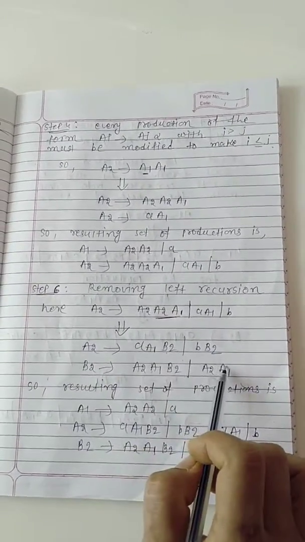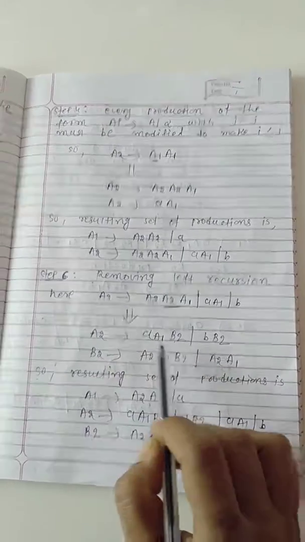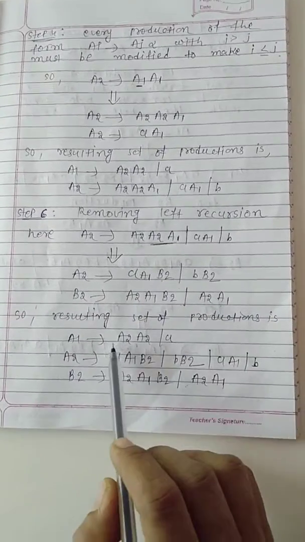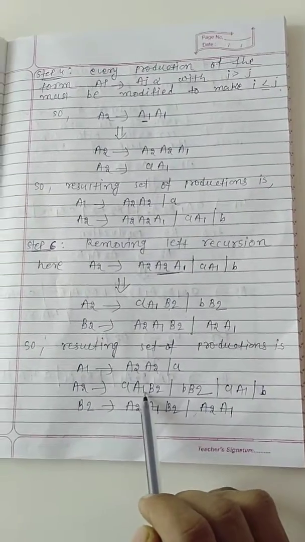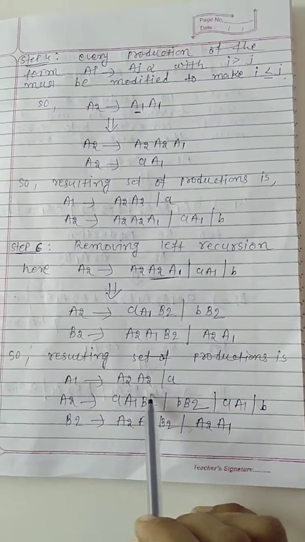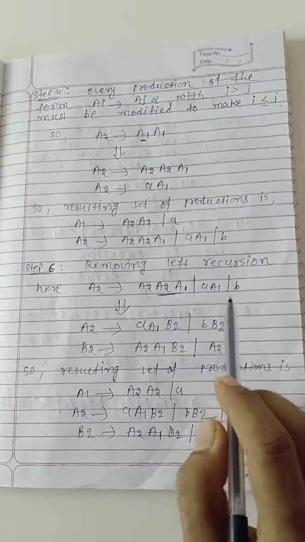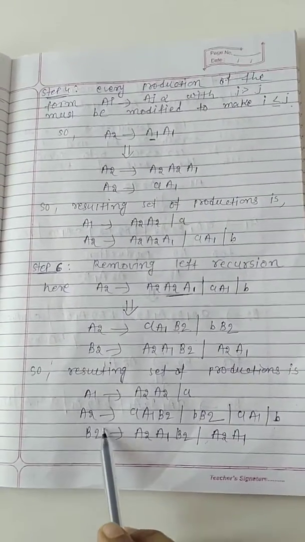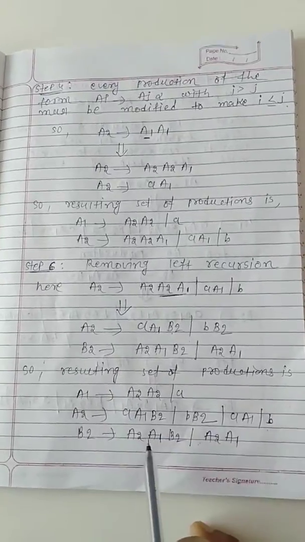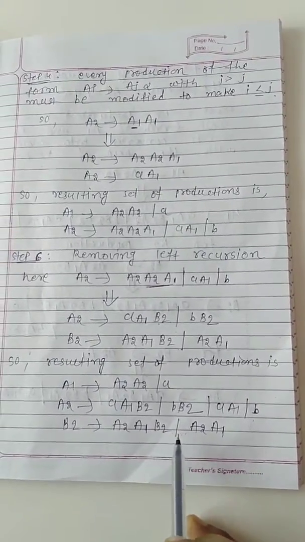There is no left recursion form now. So the resulting set of productions is A1 tends to A2 or a, A2 tends to A1 B2, b, A1, and we will add the new productions, B2 tends to A2 A1 B2 or A2 A1.